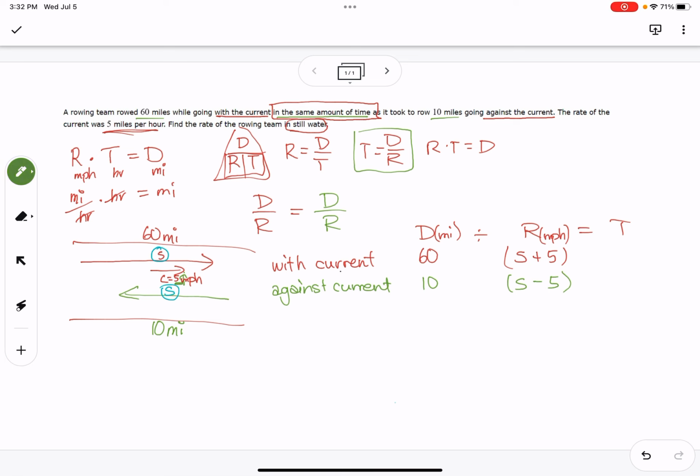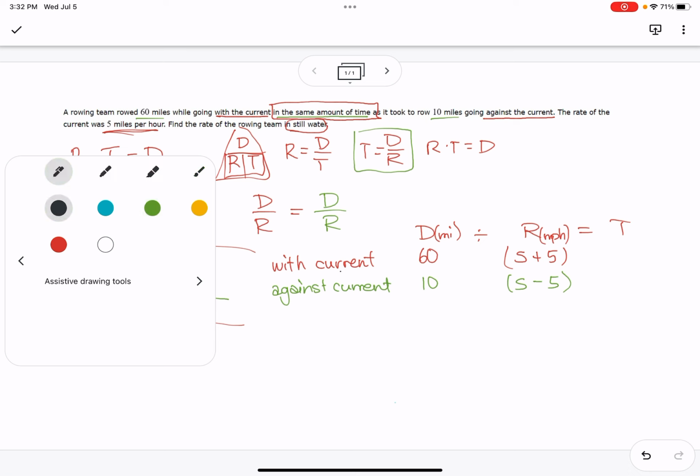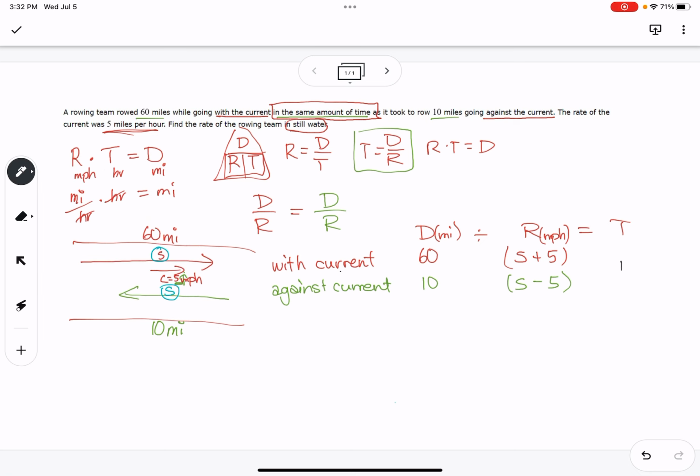All right, they have not told us anything about the time, but we do know that the time is equivalent. So if I go 60 over s plus 5, that is equal to the time as calculated through the with the current situation. And against the current would be 10 over s minus 5.